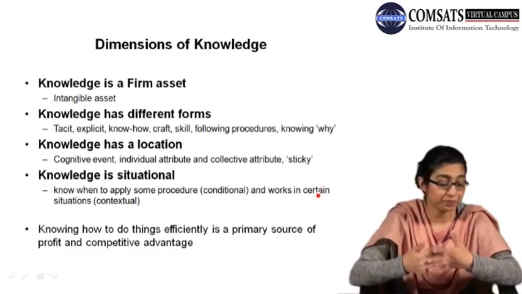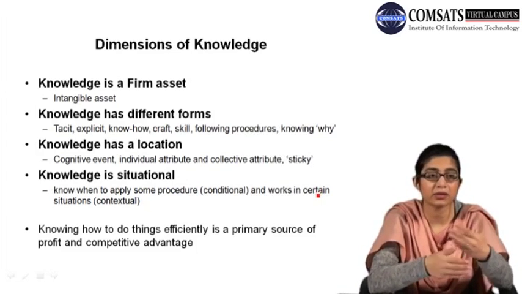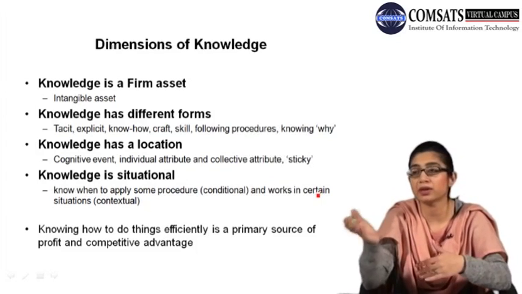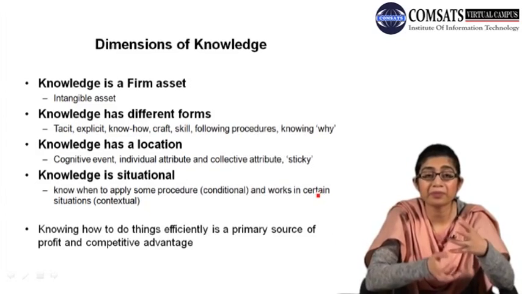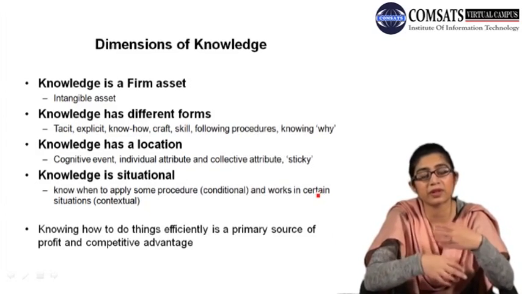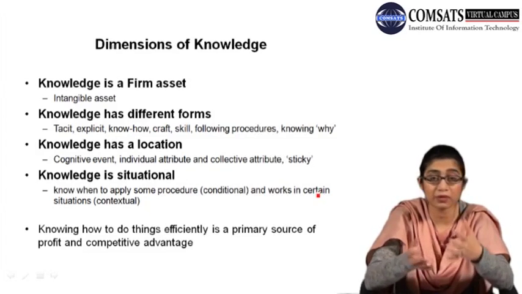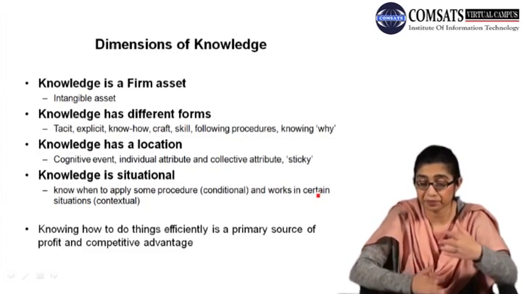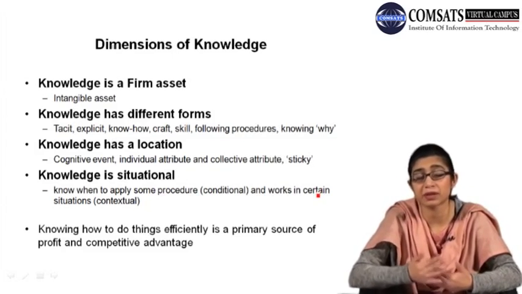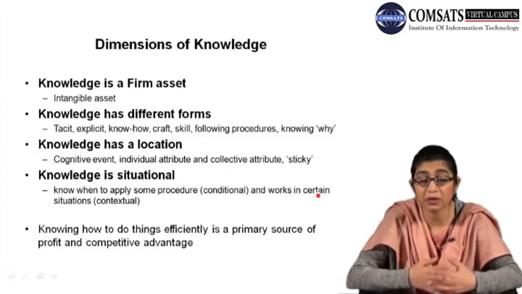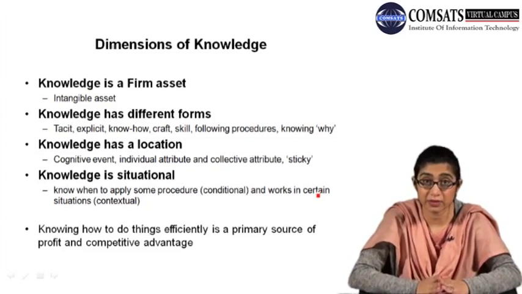For example, if you want to negotiate with a foreign party or some kind of other organization about certain mergers, about certain other kinds of things, then again you cannot go through the same procedures for every organization or for any kind of foreign government on the same issues. So you have to come up with different kinds of solutions based on different knowledge and based on different expertise or experiences. Right, next, knowledge has a location.